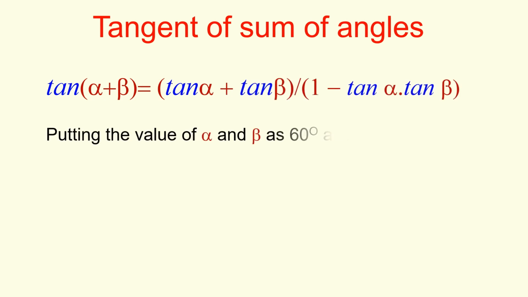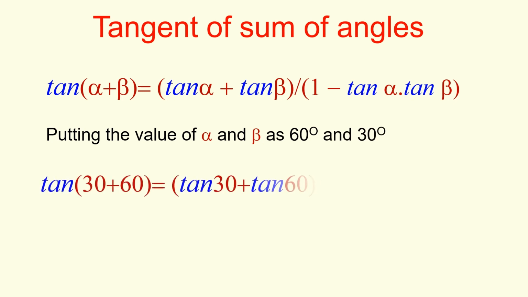Putting the value of alpha and beta as 60 degrees and 30 degrees in tan alpha plus beta.